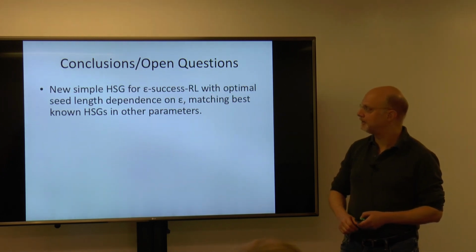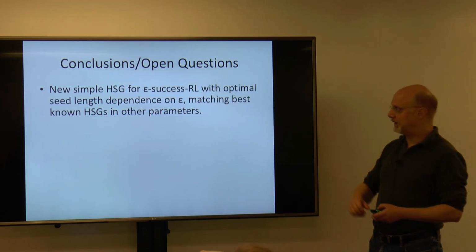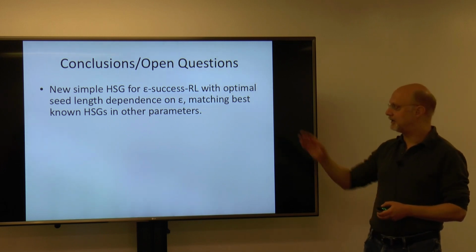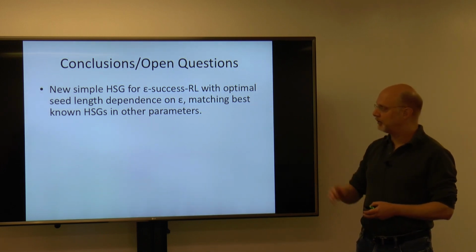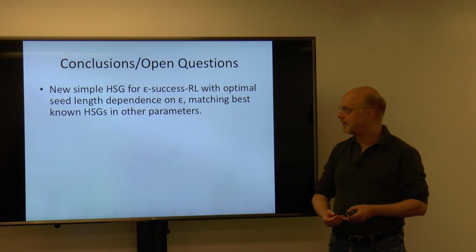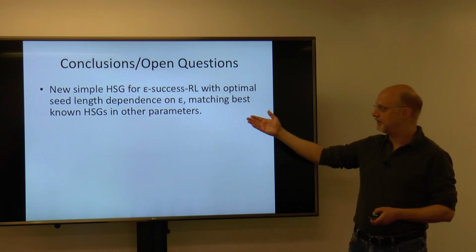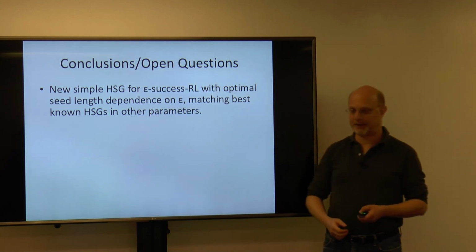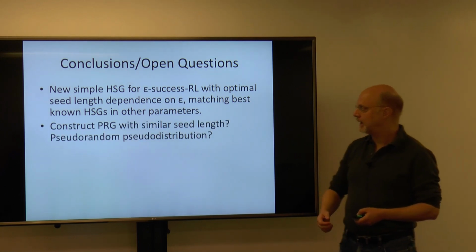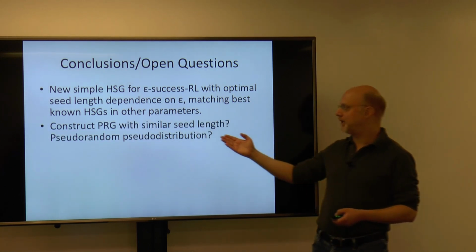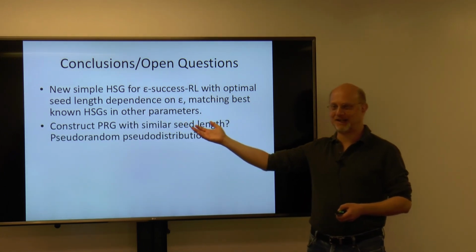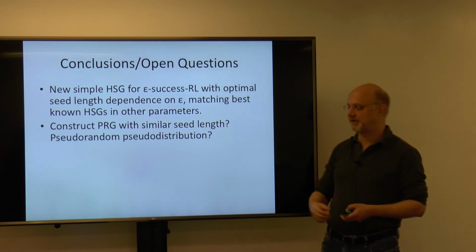Okay, so in conclusion, we gave a new simple hitting set generator for small success RL with optimal seed dependence on epsilon, which matches the best known hitting set generators in other parameters. Of course, it would be great to have a pseudorandom generator with similar seed length.